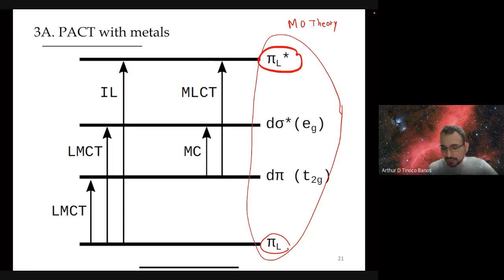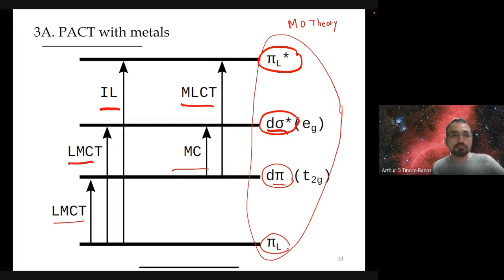Here we have the molecular orbitals that are metal in character and have a pi nature, and here are molecular orbitals that have a sigma character. This is an antibonding molecular orbital, but it corresponds to the d orbitals of the metal. Transitions within these molecular orbitals can give us the different types of transitions that can be used for PACT. I'm not going to emphasize this too much, although I will talk a bit about molecular orbital theory in a way that you can understand.